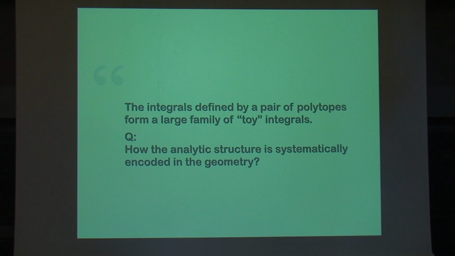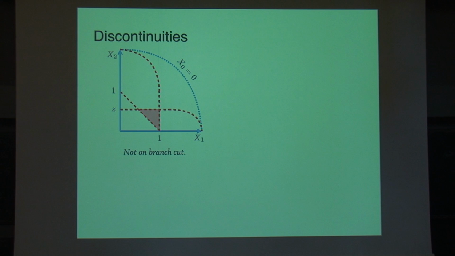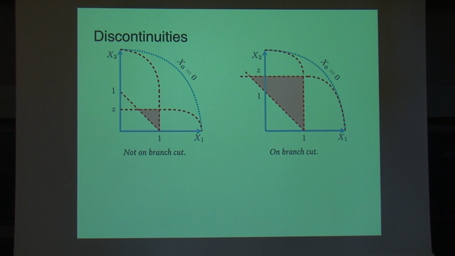So how is the analytic structure systematically encoded in the geometry for this class of integrals? Now let's first look at the discontinuities. And to make the story simple, let's focus on the dilogarithm.